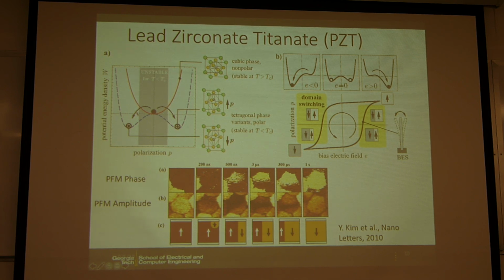There are two minima here, so in this case you can switch the polarization. Once you apply the electric field, the center atom, in this case either titanium or zirconium, can be moved up and down with the electric field to change the polarization value.